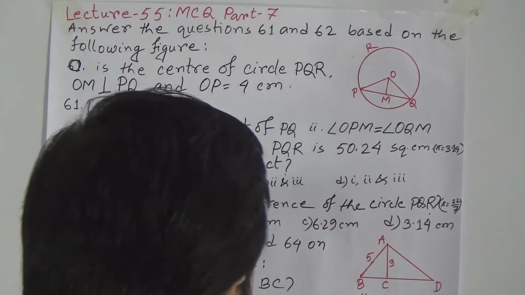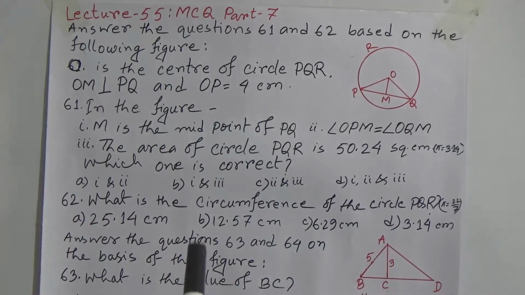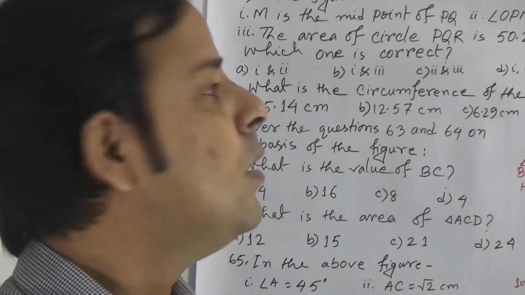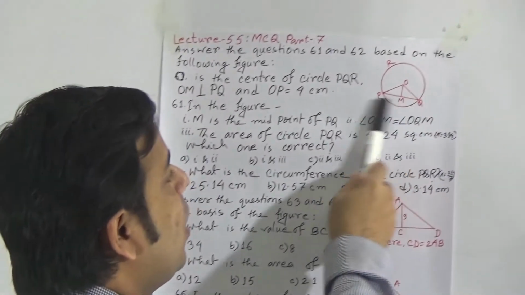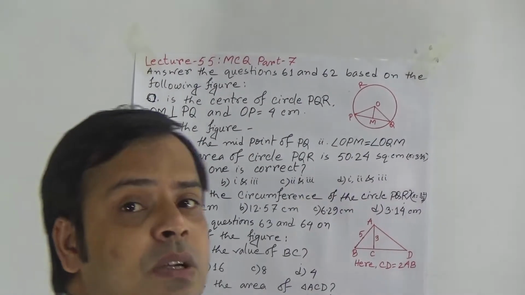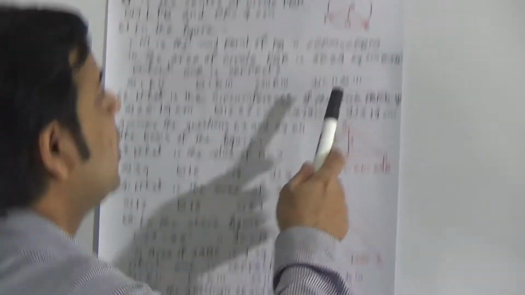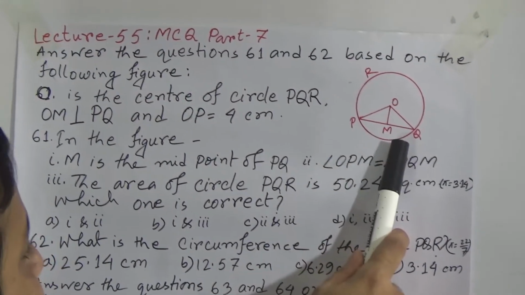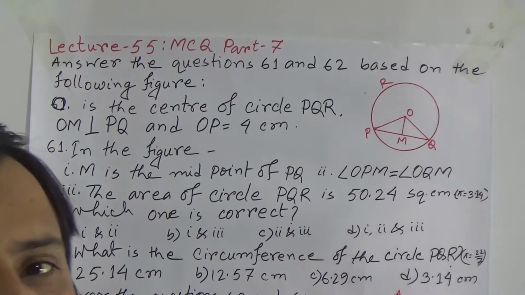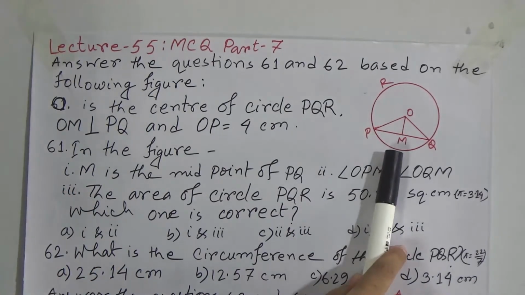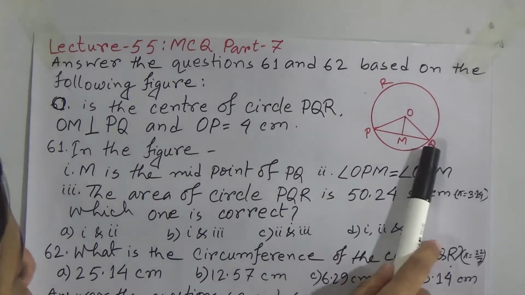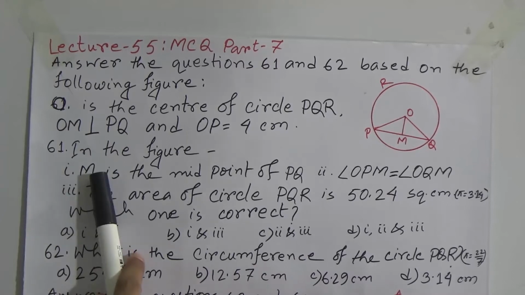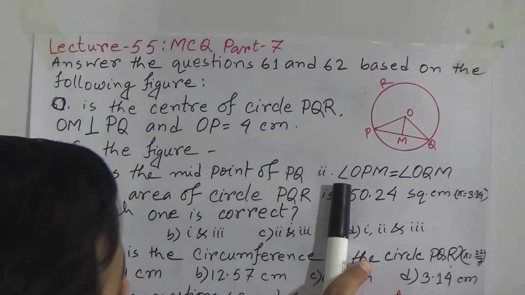And you know a theorem that if you draw any perpendicular from the center to any chord, then the perpendicular intersects the chord at a point, and that point will be the midpoint of the chord. So you can say M is the midpoint of PQ. This one is true.